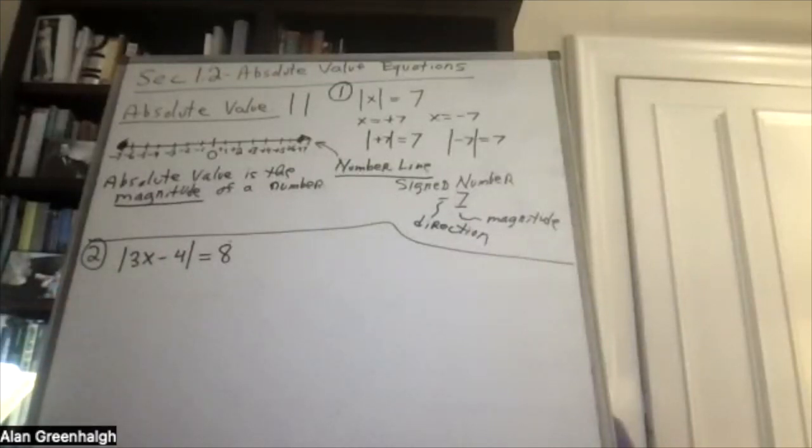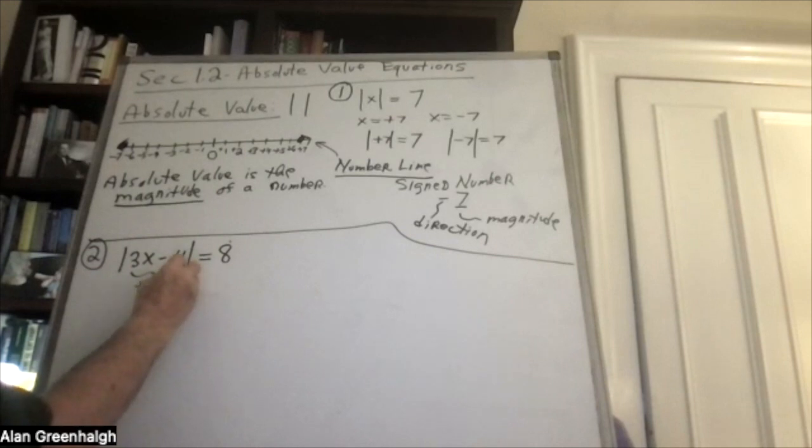What we're saying here is that within these vertical lines will be either a +8 or a -8. We've sort of couched it by saying, well, it's 3x minus 4, but in reality, what's in here will either be a +8 or a -8.